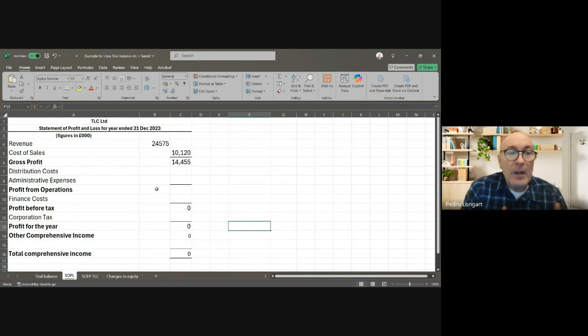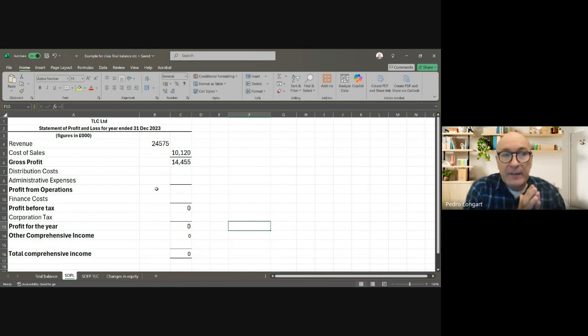It's about, for example, if we are going to have a marketing campaign to sell this product, it is part of distribution cost. However, maybe we may have a head office, we may have HR staff, we may have a marketing campaign that is not directly linked to this particular product that we're selling, but it's about the company, I would say, company branding, and then that will be based on administrative expenses.